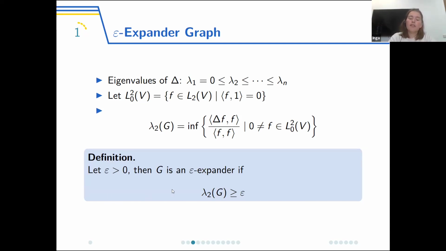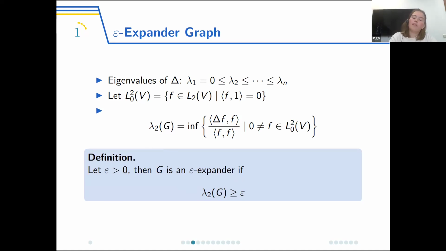We'll say that a graph is an epsilon expander if the second smallest eigenvalue of its Laplacian is greater or equal to epsilon. And what I wrote here is another way to express this second smallest eigenvalue. The reason I wrote it is that we'll encounter something similar in the high dimensional case.